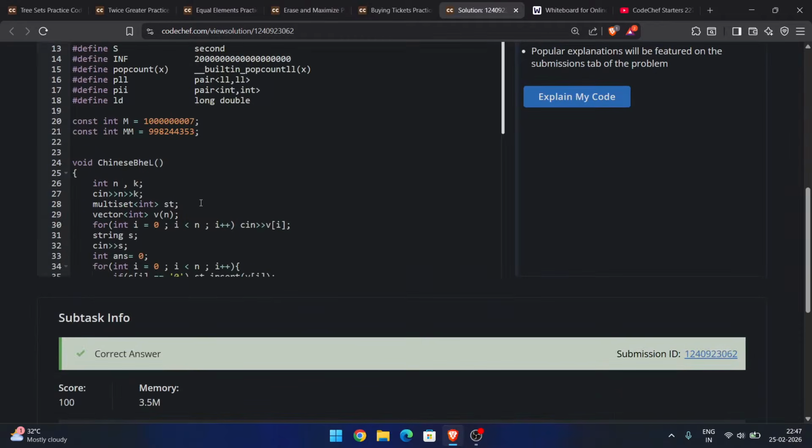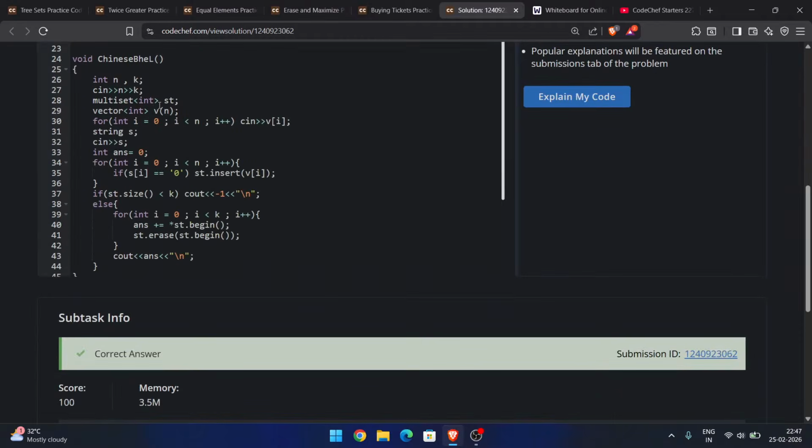Okay, so what we have done here, we have taken the input n and k. Here is the input of the vector. Now for the string, we can't take all the options because some seats have already been bought. So we will only consider those seats which are still left to buy, where S of i is equal to 0, meaning this seat is currently available. That's why we put it in the set.